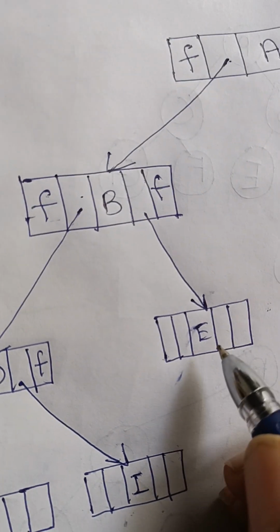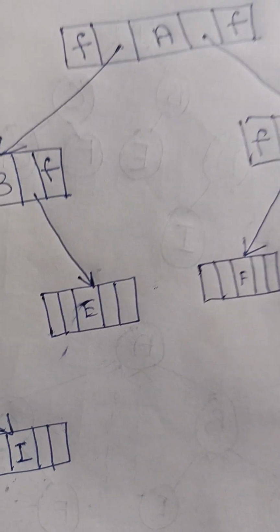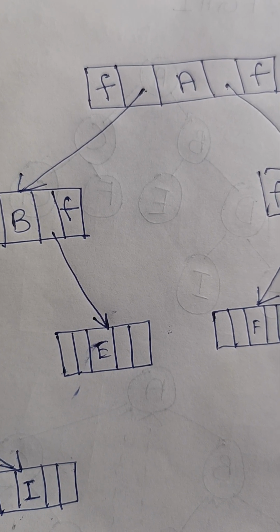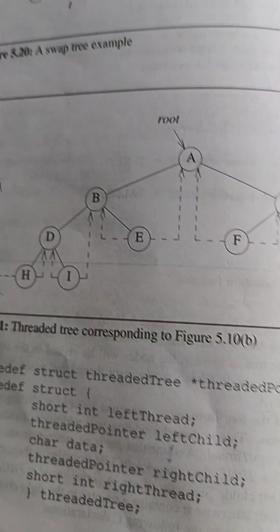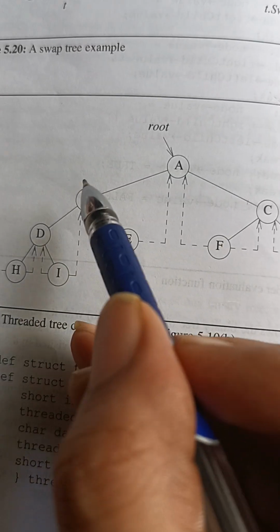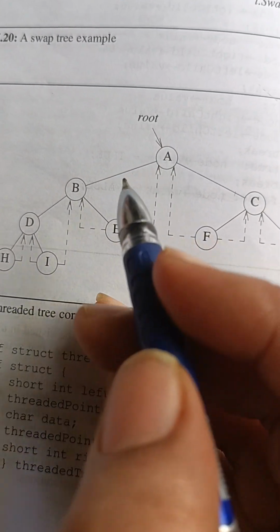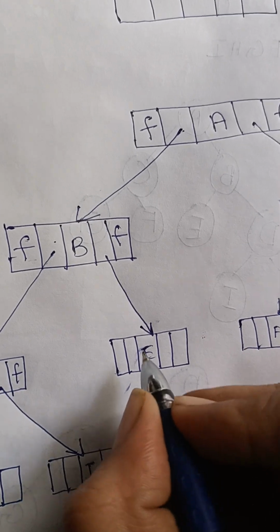Then for E, is there a left and right thread? We have to check. Okay. For E, yes, we have. For E, we have the thread, right? So what should we do? We should now mark the thread over here. Okay.